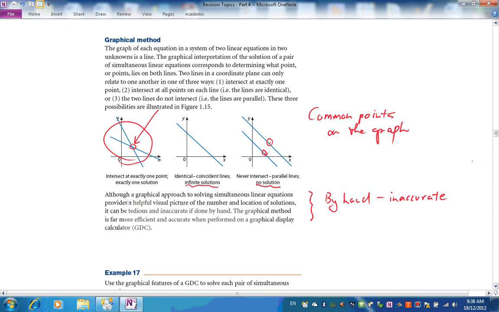Your pencil could have been a bit thick, you mightn't have drawn it quite correctly. What about if the point of intersection is (5, 6 2/3)? You'd never be able to read that off a hand-drawn graph. So you can use a GDC, graphics display calculator, to get that point precisely, because behind the graphics display calculator, solving for that is an algebraic approach.